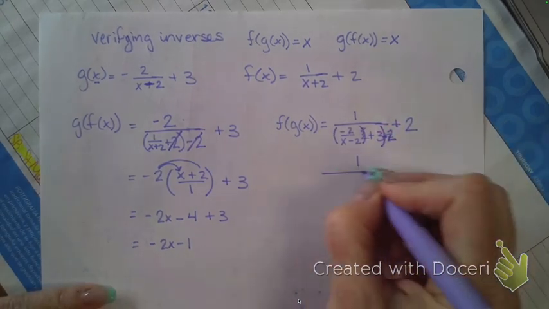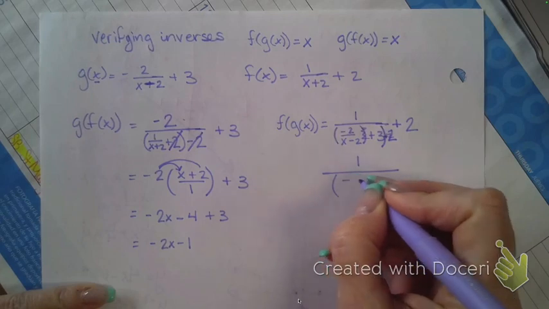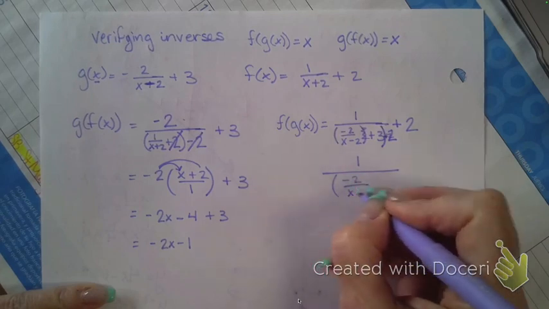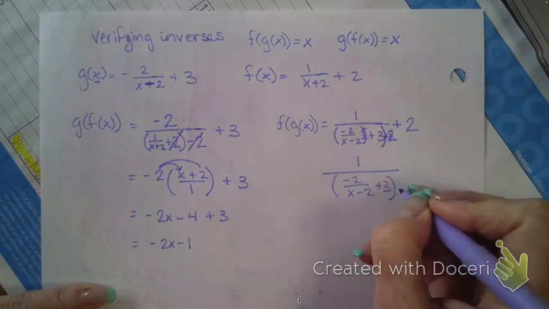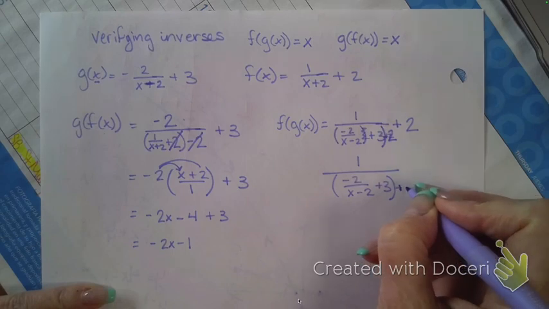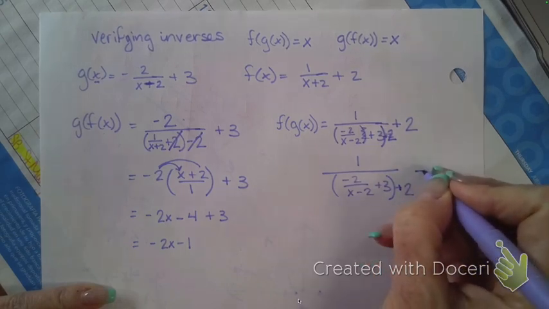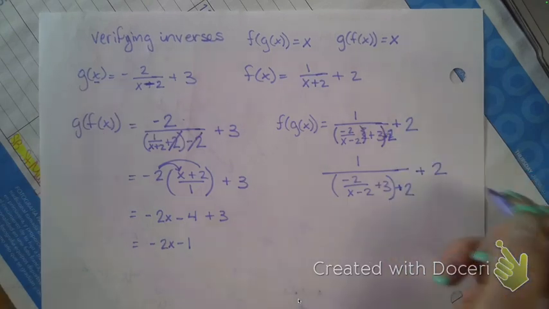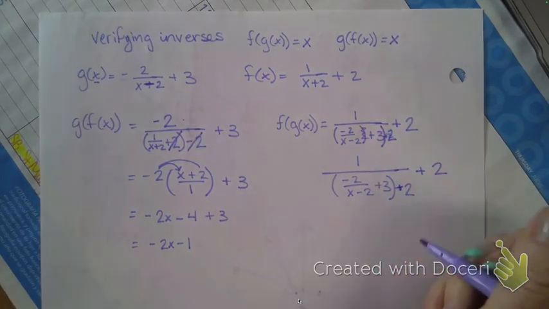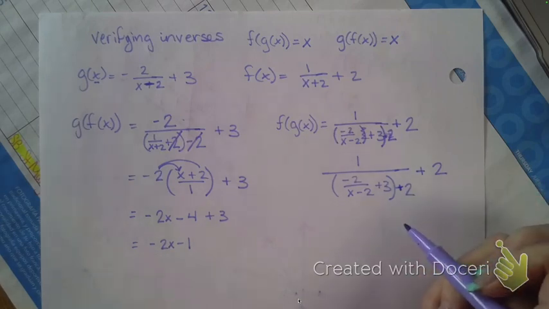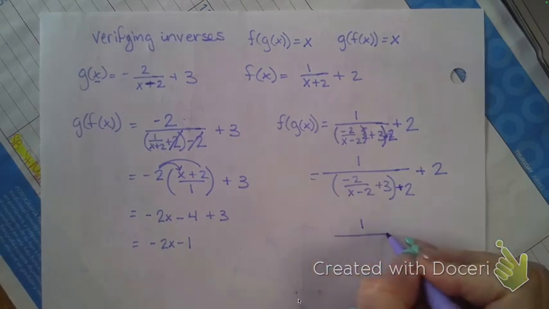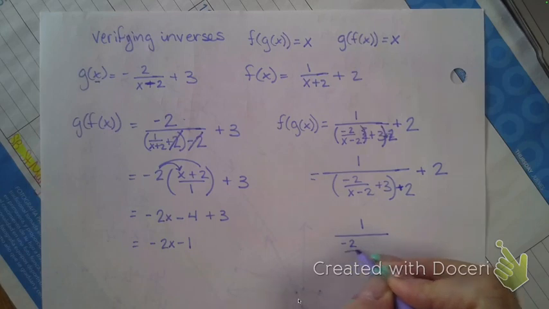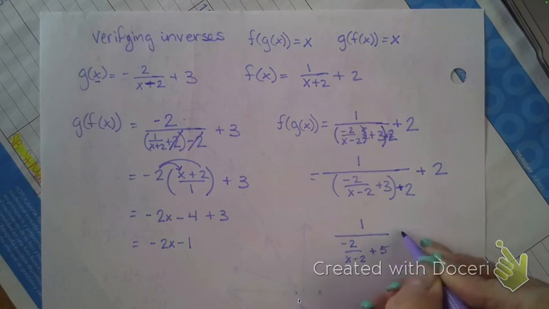Okay, so here, let me rewrite it, because that looks horrible. Minus 2 plus 3 plus 2 plus 2. Okay, so what do I got here? I got 1 over negative 2x minus 2 plus 5 plus 2 plus 2.